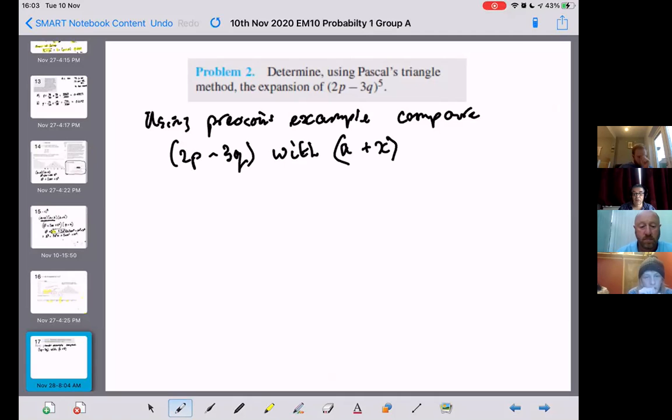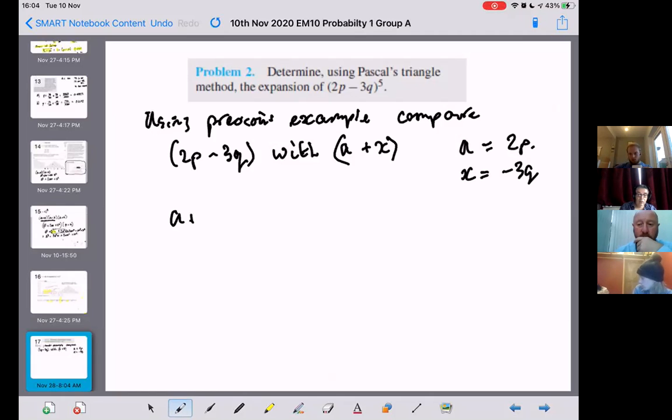So what if a in our new example is equal to 2p, and x is equal to minus 3q. So using Pascal's triangle method.